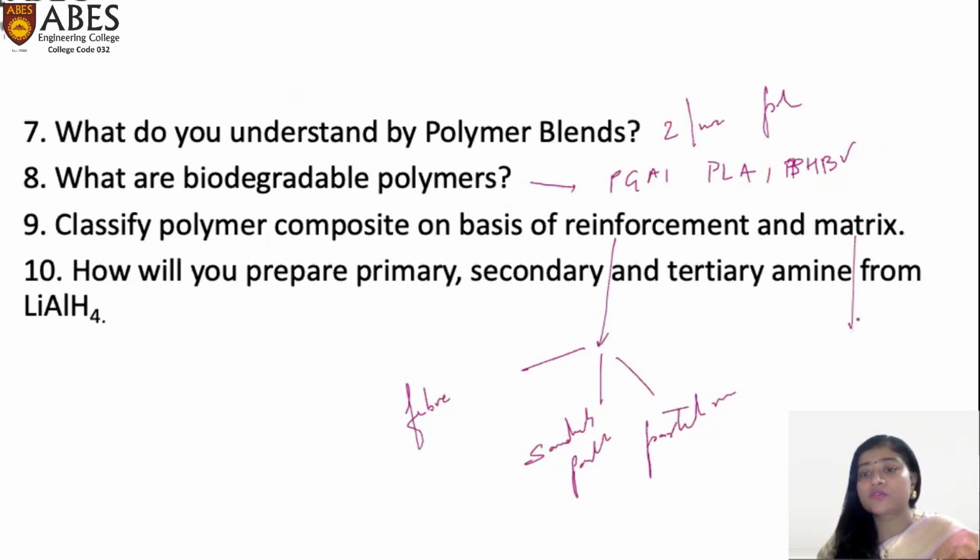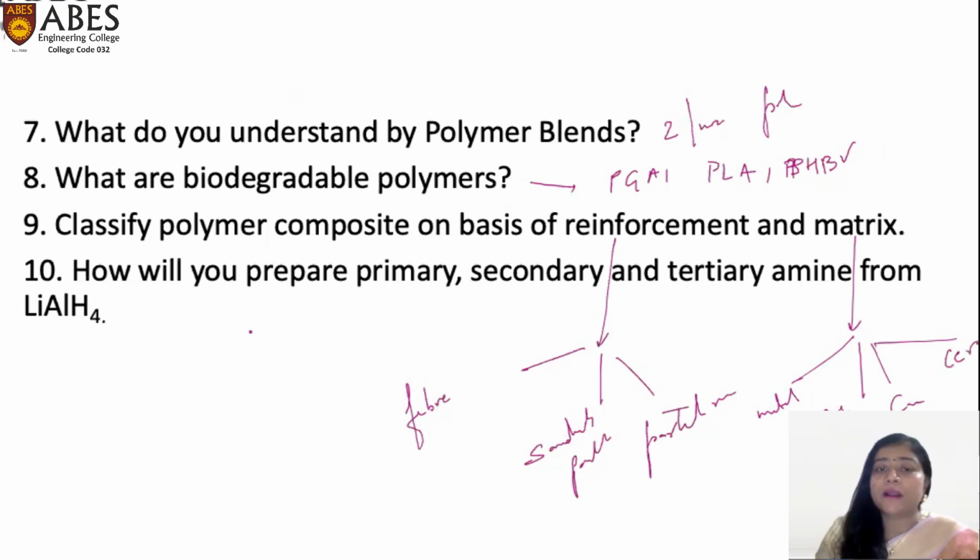Then on the basis of matrix, there are 4 types: metal matrix, polymer matrix, carbon matrix, and ceramic matrix. How will you prepare primary, secondary, tertiary amine from LiAlH4?